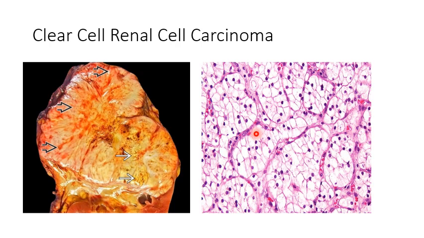And these cells are clear in appearance because they contain lipid and glycogen, which is dissolved out in our tissue sectioning. But in the gross, you can see a very typical appearance here of a large clear cell renal cell carcinoma, sort of replacing the upper pole here of the kidney. And this lipid, which is in these cells, stains this bright yellow color. So this is very typical for these clear cell renal cell carcinomas.